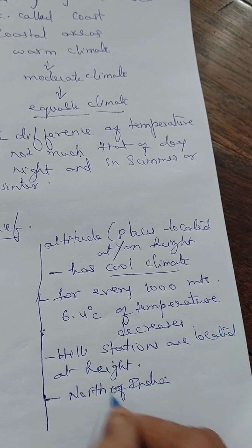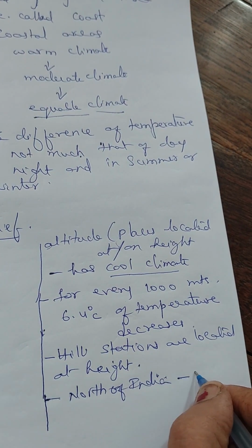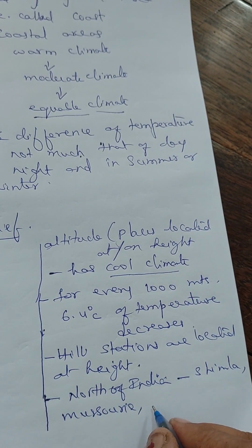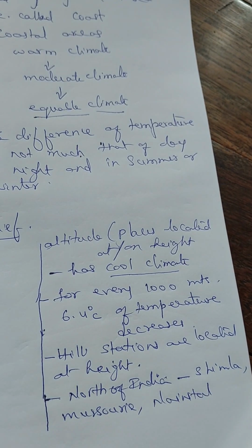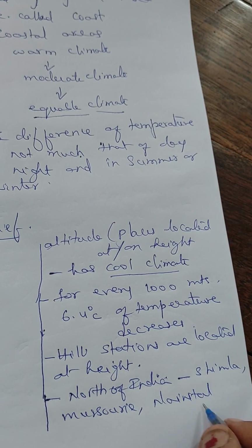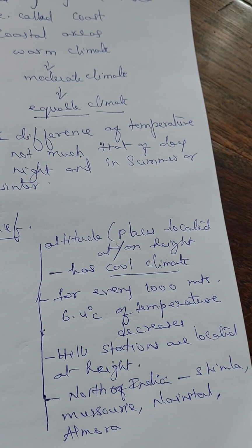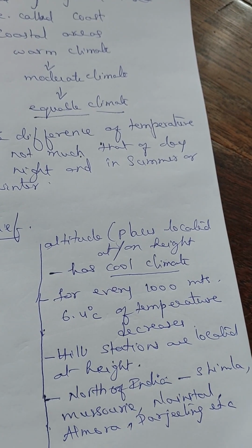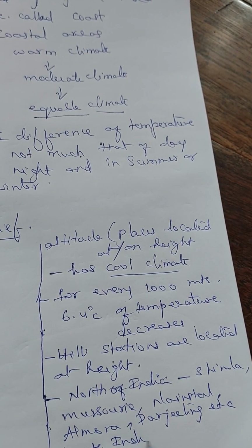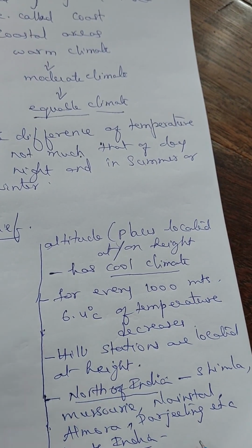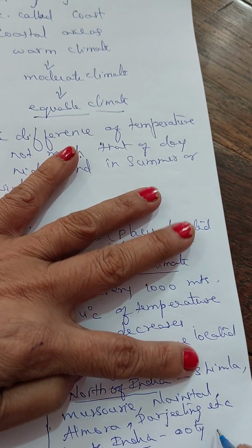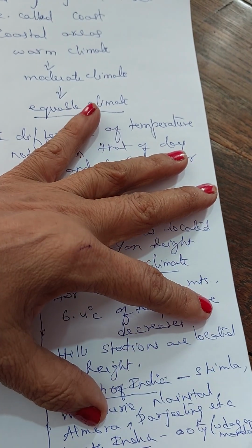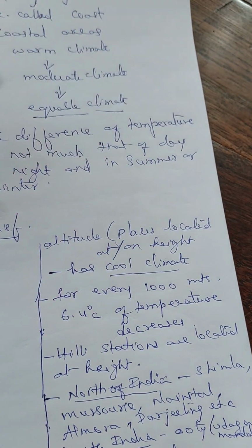We can see many hill stations located in the Himalayas, like Shimla, Mussoorie, Nainital, Almora, Darjeeling, etc. When we come to South India, we have Ooty, which is popularly known as Udagamandalam, and Kodaikanal, children.